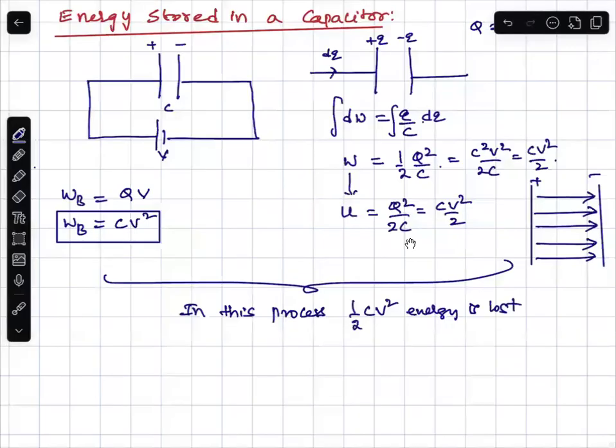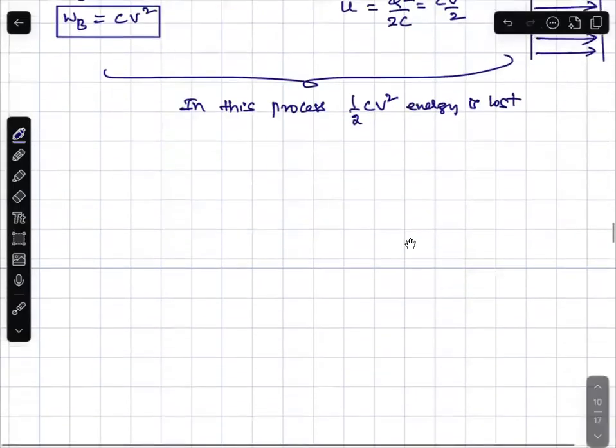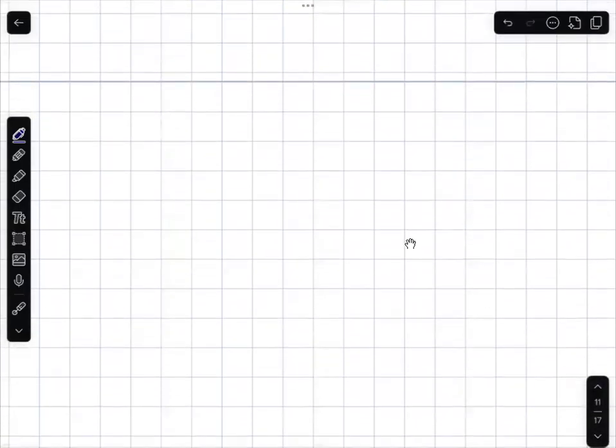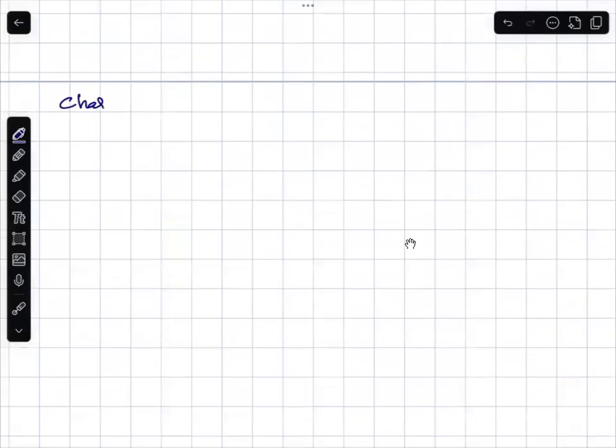Now the question is, okay, fine, you have charged a capacitor with a battery. You can charge a capacitor in a different way also sometimes. An already charged capacitor can charge another capacitor. That is also there. For example, charging a capacitor with another charged capacitor.